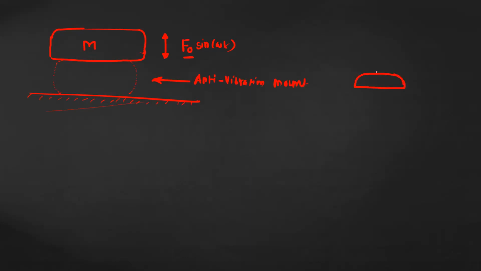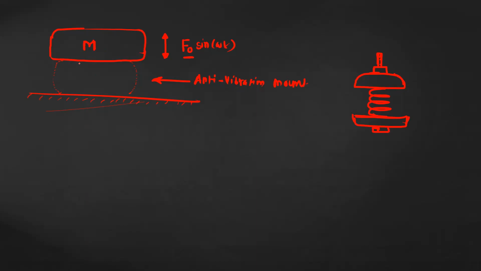So this is the actual structure. This is the bolt, so that we can assemble it with the machine and the flooring. We need to place such an anti-vibration mount below this machine.